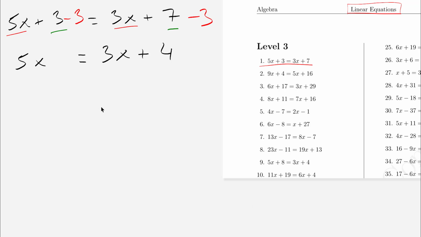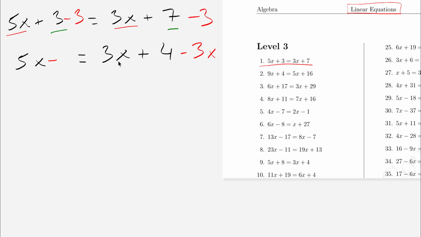Now, we're still not finished because I have this 3x on the right hand side and I would like to have my x values on the left hand side. So in order to get rid of this 3x on the right hand side, I'm going to have to subtract 3x. And remember, in equations we keep the balance, so whatever you do to one side you do to the other.